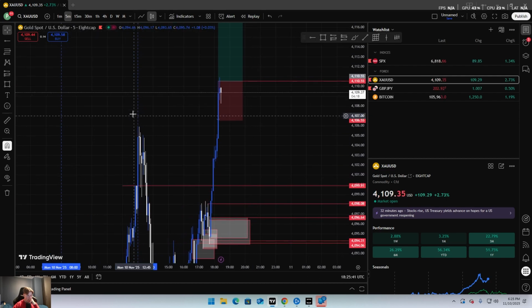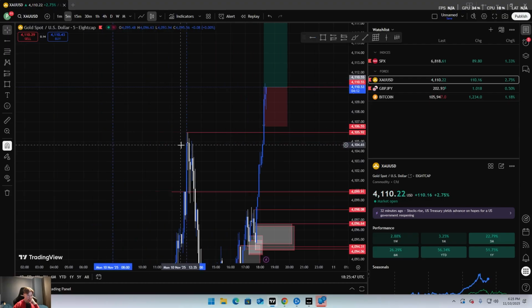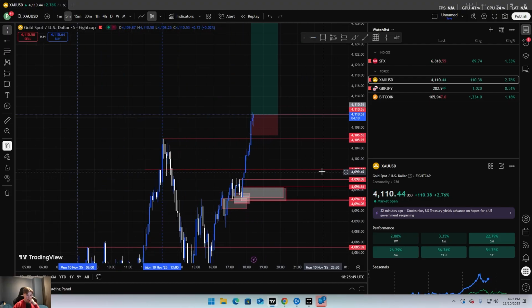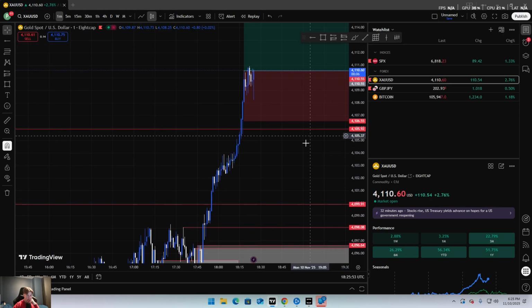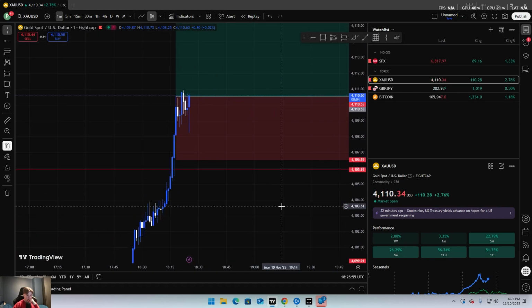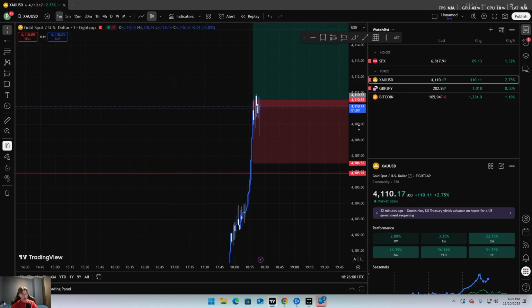Okay, we can see the key point over here of London session high got filled as well, but it doesn't matter. You can see the market is going up, so we're still in an uptrend, and that's what we're going to be waiting for.